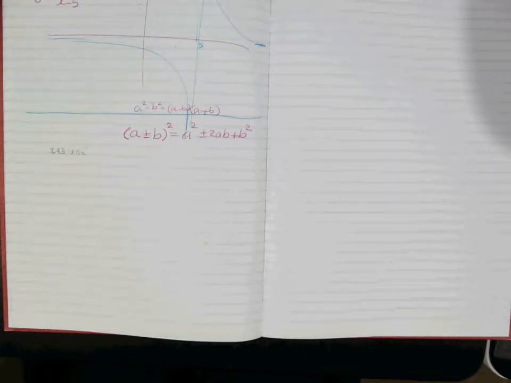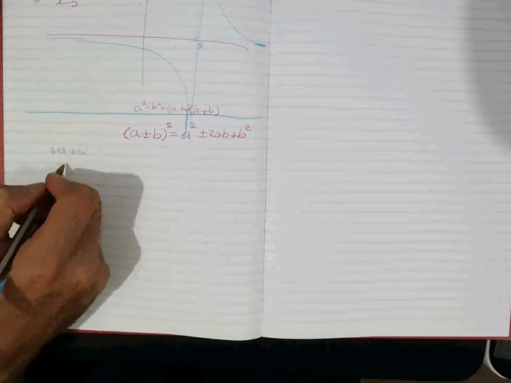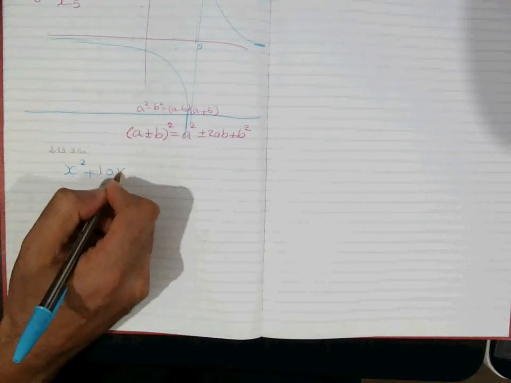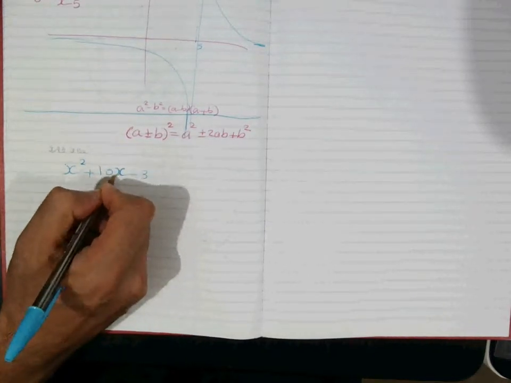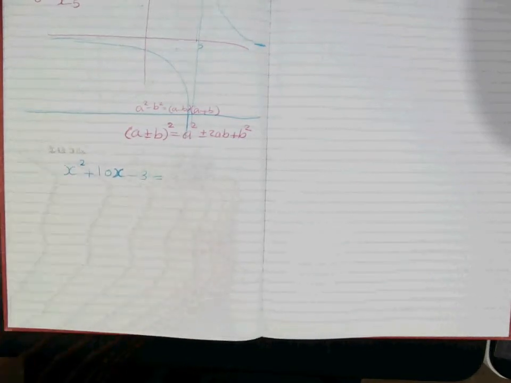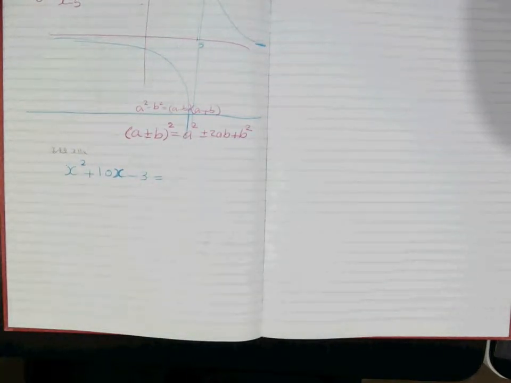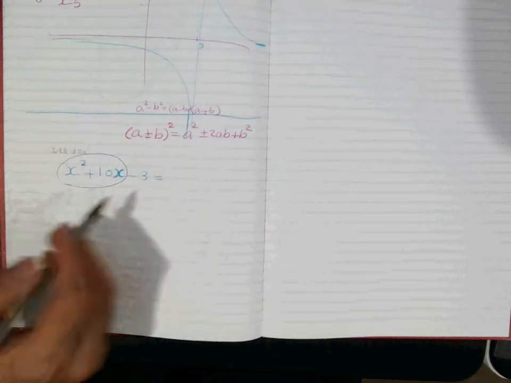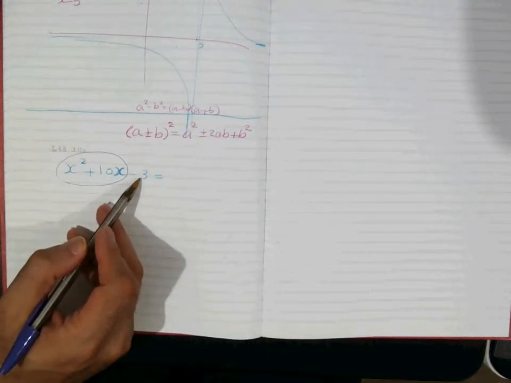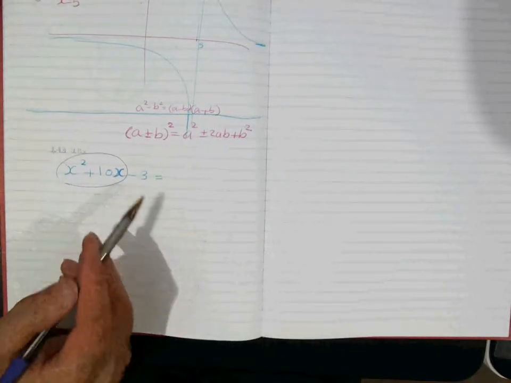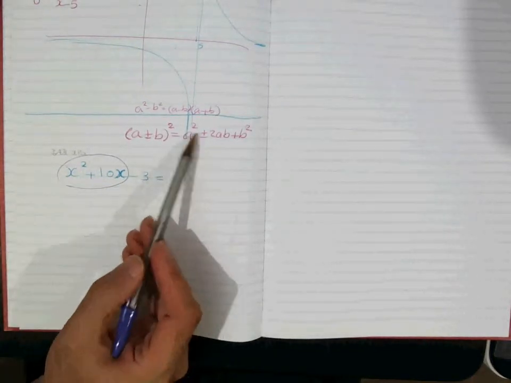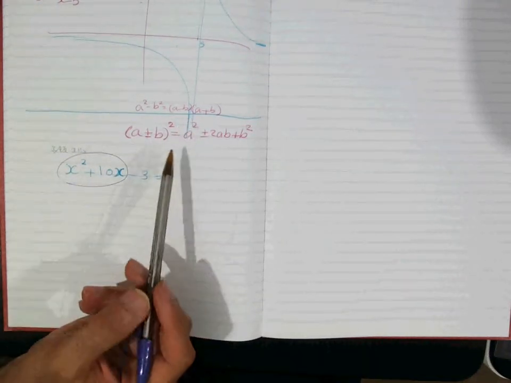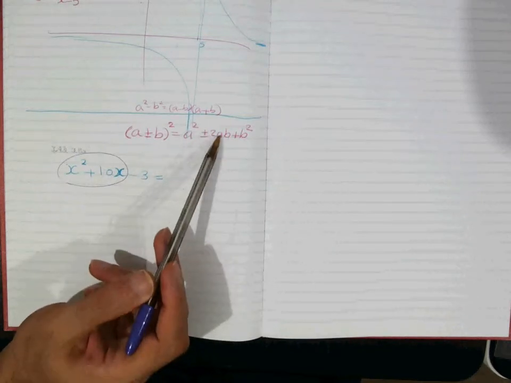Now, okay, I will go through one of these questions. When I look at this problem, what I'm saying here is that I'm going to assume the first two, and for a second ignore the minus 3. Because this is plus, I'm looking at the plus part of this. I'm going to assume that this x squared is a squared, and 10x is 2ab.